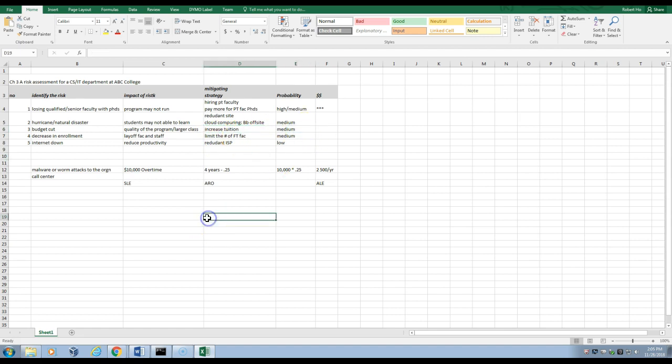Okay. Let me give you another example. The internet is down, right? What happens if the internet is down? Let's say that the college has about 100 to 200 classes every day. Well, if the internet is down, that's going to have an impact on the productivity of the employees, also the classes, right?